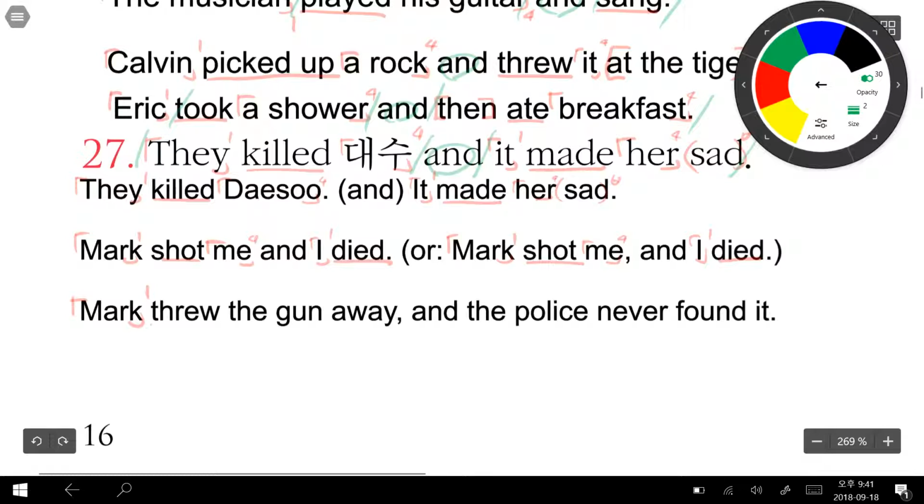In the next example, it's a longer sentence, so we really should use a comma. Mark threw the gun away, comma, and the police never found it.